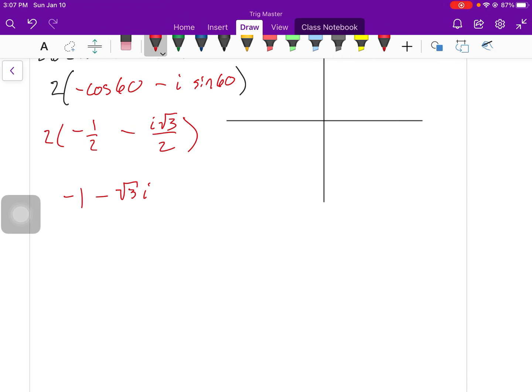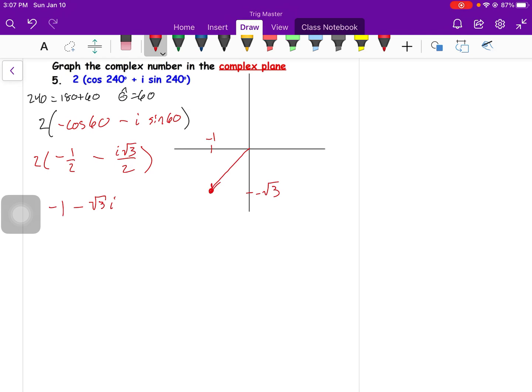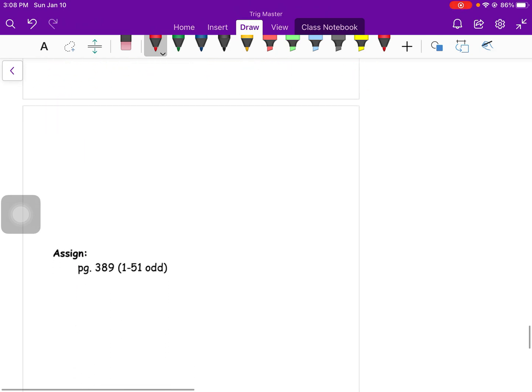So the real part on the x-axis, here's my negative 1. The imaginary part on the y-axis, I'll put as negative square root of 3. I go to that spot right there. There's my vector in the complex plane. Because here's my real part, here's my imaginary part. It would have our x always be real and the y always be the imaginary part.